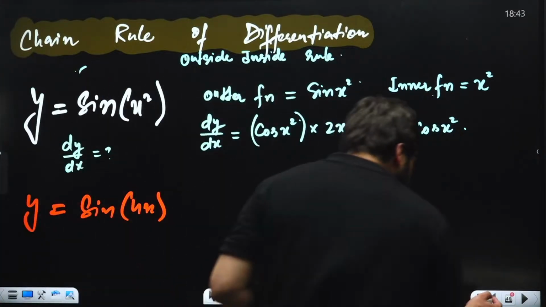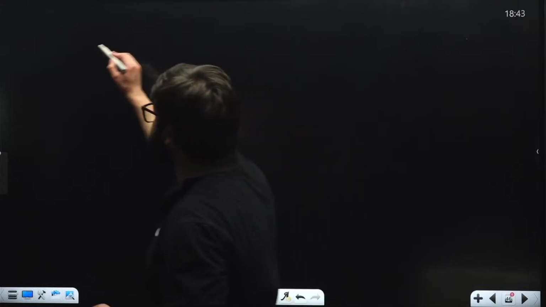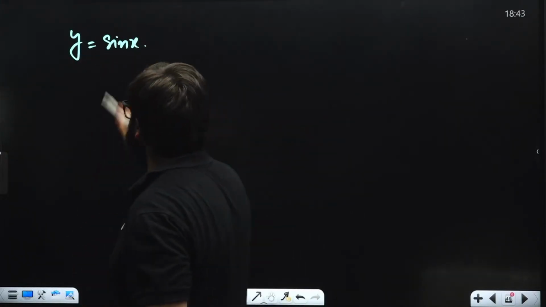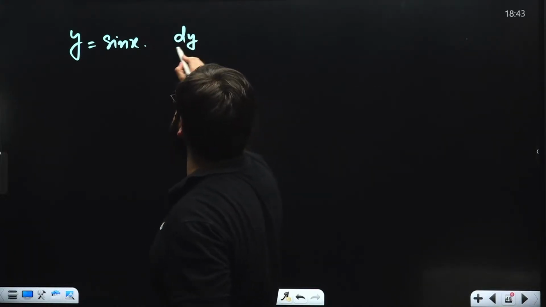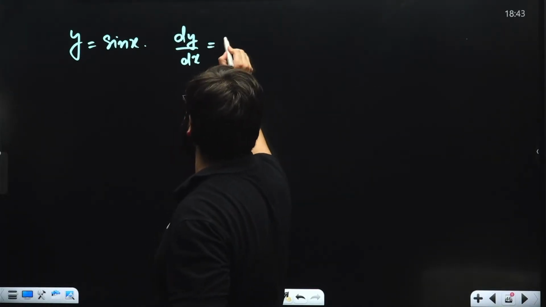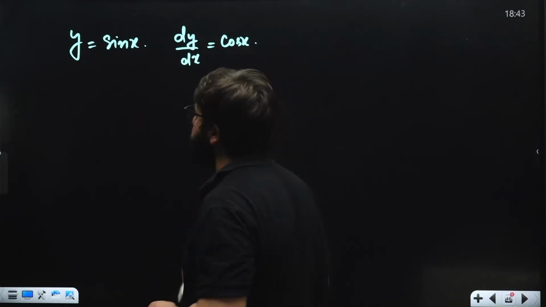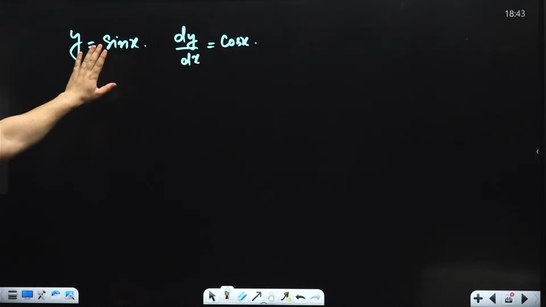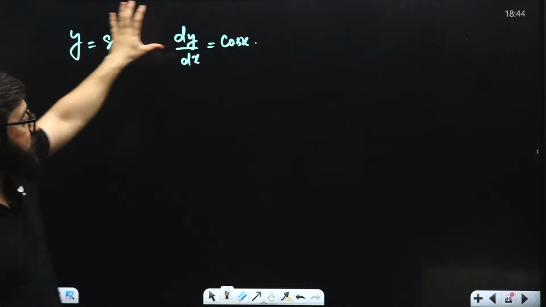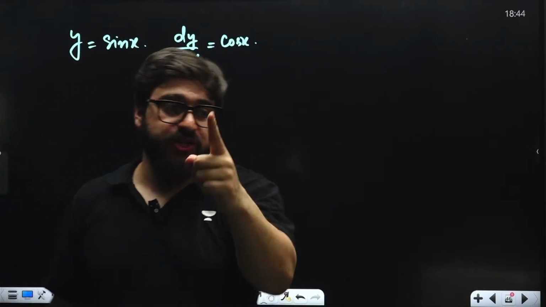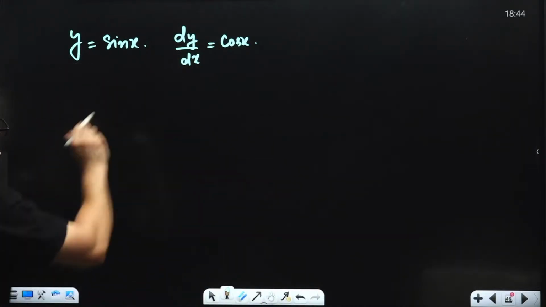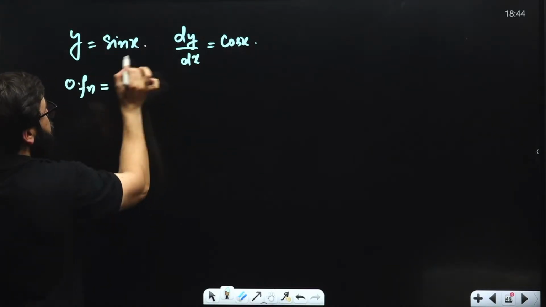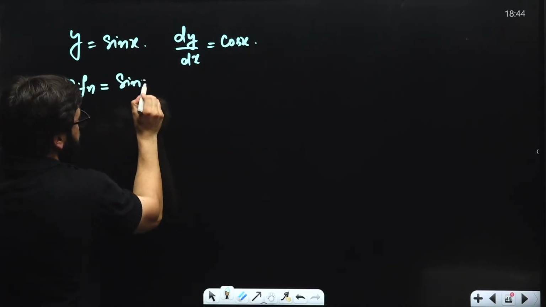Sir, can we use the chain rule in the normal method, like if we have got y is equal to sine of x? We know differentiation dy divided by dx for sine x is cos of x. I would want you to find the differentiation of sine x as cos x using the chain rule. Let me tell you. The outer function is the whole, that is sine of x.